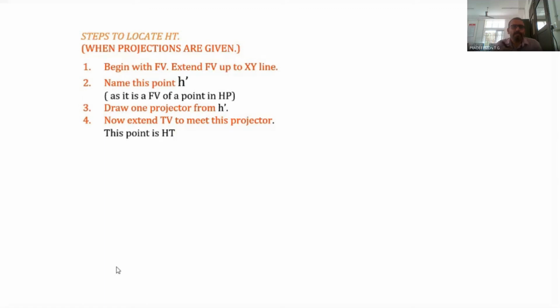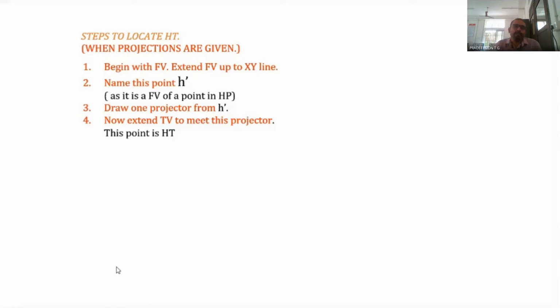This point is named as H dash. We extend the front view to the XY line, and this particular point is named as H dash. And then we draw a projector from H dash, and the top view is extended to meet this particular projector.